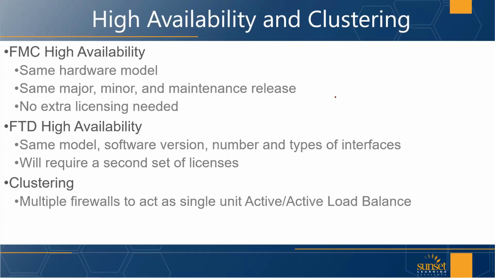FTD, we have to have the same model, same software, same number and types, and you will have to get a second set of licenses for your base, your threat, your URL, whatever you have on the main. We have to buy that second set of licenses for the backup. There is a license bundle out there you can get. You have to look at HA bundle and talk to your account reps about that if you need.